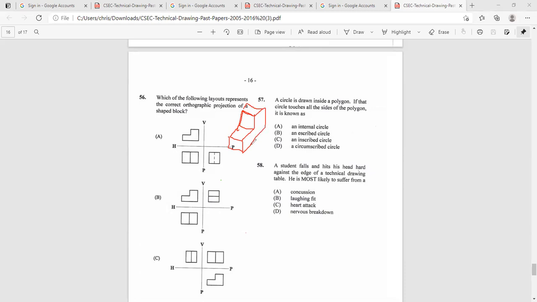The front would be shaped like this. The plan would look something like that. We have this edge coming down here. And the end, when viewed from here, would look something like this.